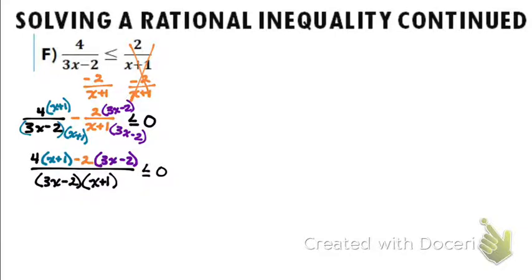I'm going to distribute and combine my like terms up in my numerator. So I have 4x plus 4 minus 6x plus 4 all over my common denominator of 3x minus 2, x plus 1, less than or equal to 0.